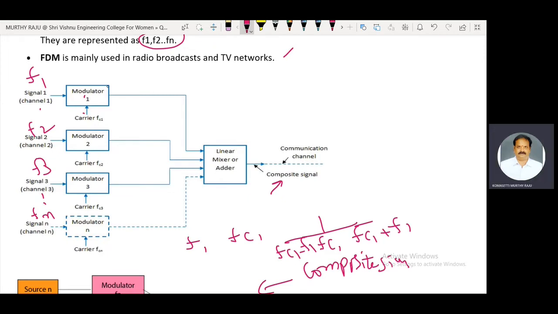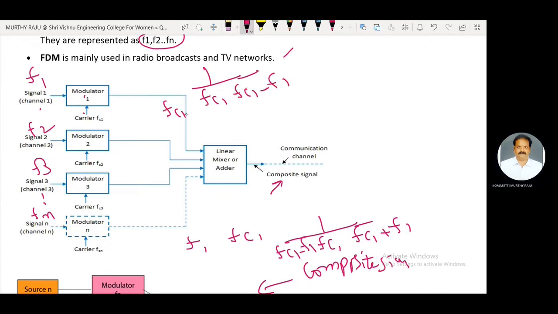After modulation, the output of the modulator has some frequency bands: FC1, FC1 plus F1, FC1 minus F1.